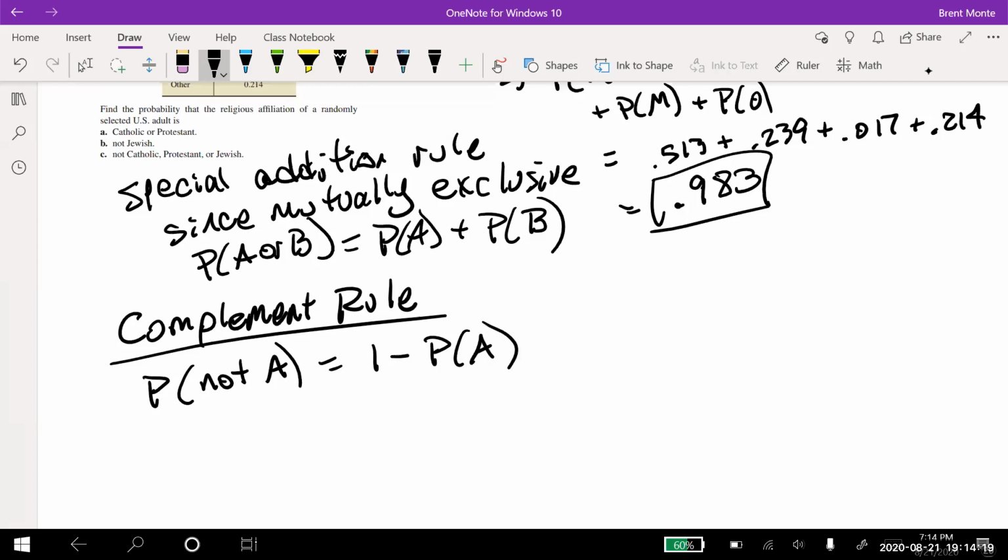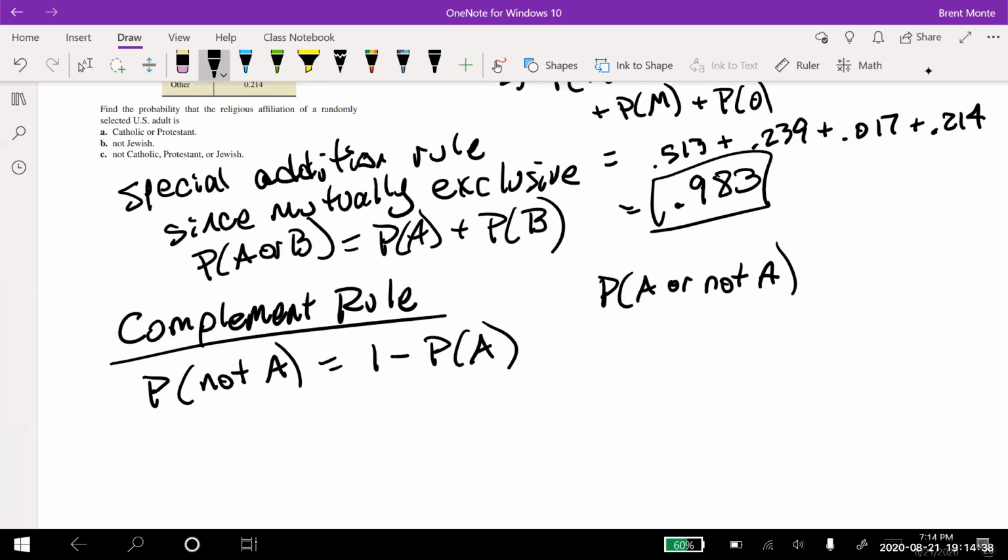Well, let's think about it. A either happens or it doesn't. So if I look at the probability of A or not A, that's a certain event. It either happens or it doesn't. There's a 100% chance that it's either going to be A or it's not.